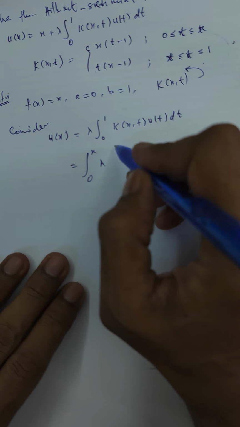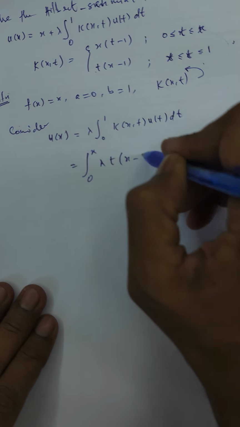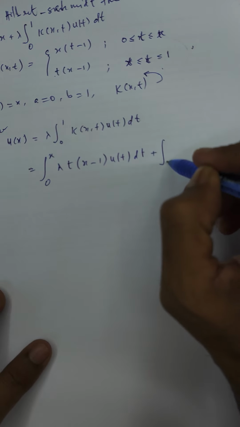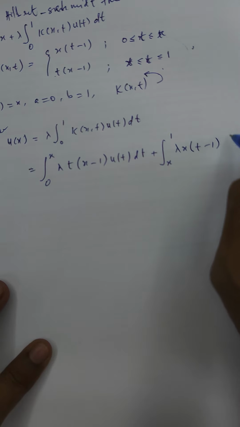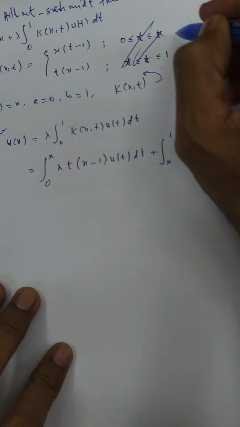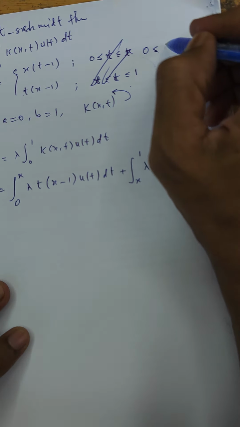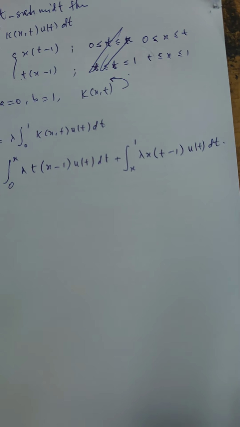Okay, lambda t(x minus 1) u(t) dt plus the integral from x to 1 of lambda x(t minus 1) u(t) dt. Okay, no, this is correct. Sorry about that. This is x(t minus 1) and t(x minus 1). That's for x. For t, this is obvious.